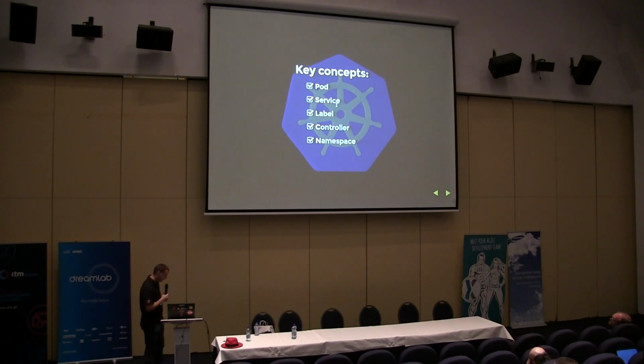For example, there is a controller that is called a replication controller. Its responsibility is to keep that many pods that you want of a specific application, of a specific image.